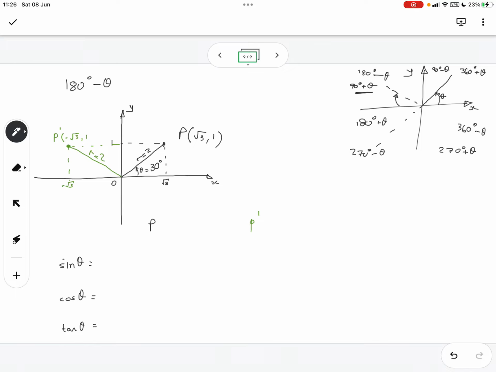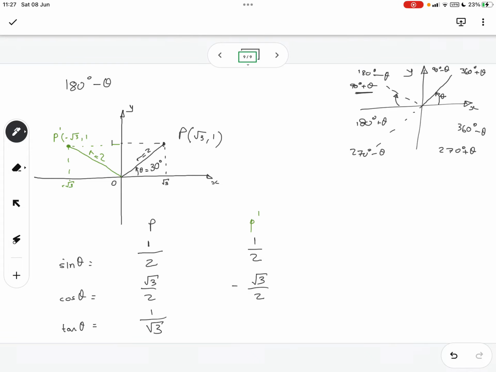I'll use green since we're using green there. So sine theta for point P is going to be opposite over hypotenuse. Which side is opposite? It's this side, I guess. Yeah, so opposite would be, and how long is it? It's 1 over 2. That means here it's also 1 over 2.